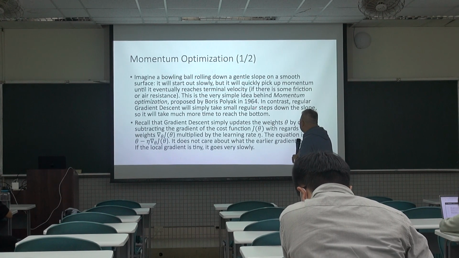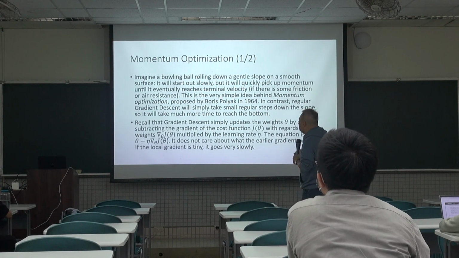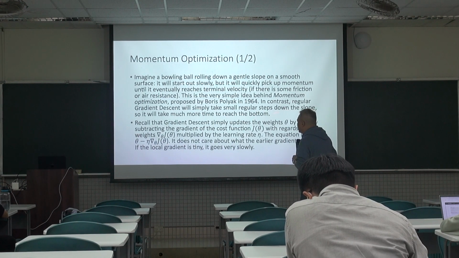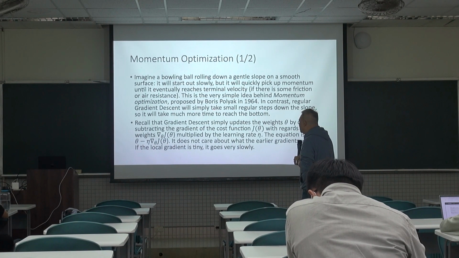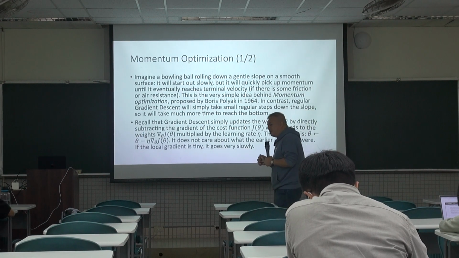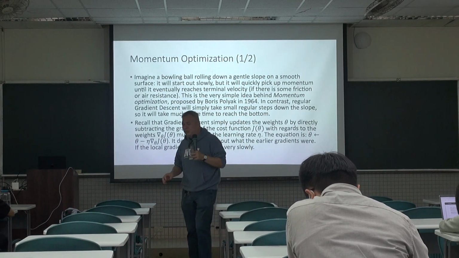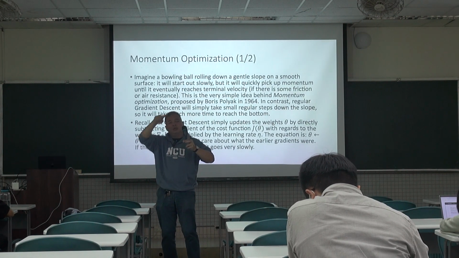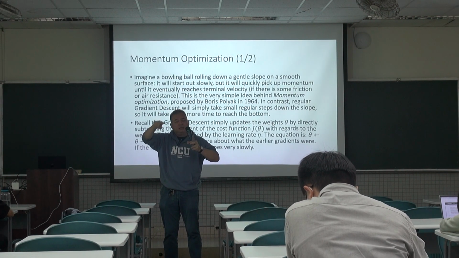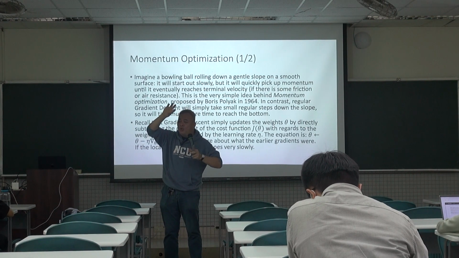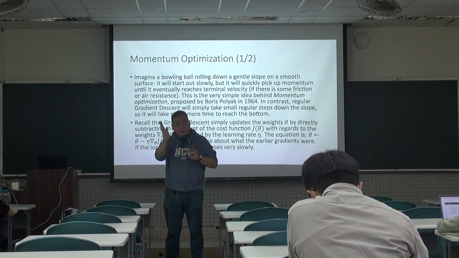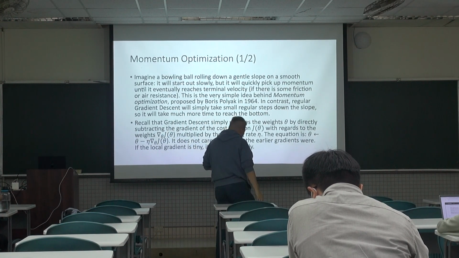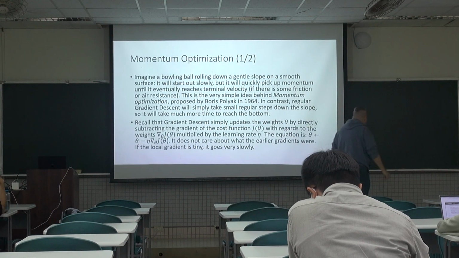So what's the difference between momentum optimization and regular gradient descent? You may say, wait a moment, in regular gradient descent, when the slope or gradient is larger, we also move faster, right? Because the gradient determines the next location.